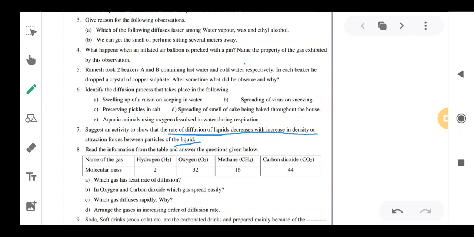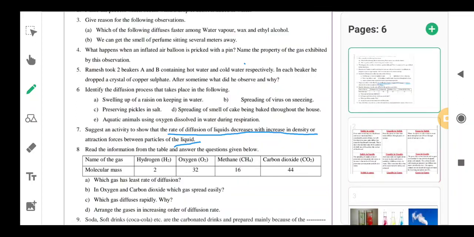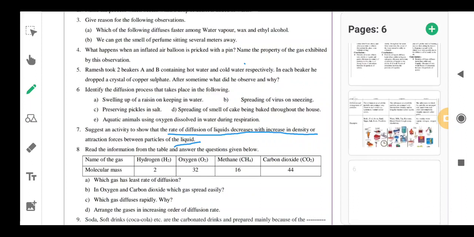So when density increases, the diffusion decreases. So we have to suggest an activity, but here we have to take the liquids only. So what is the activity? We can take the first question as is, that is water.